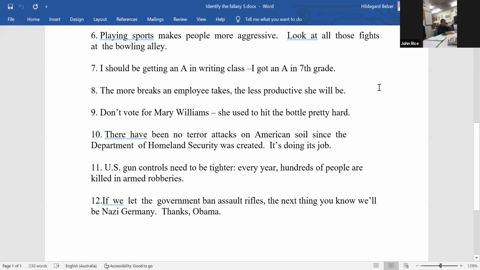We don't have to start with number 7. Any of them? Anyone that you feel you can see a problem with it, a kind of logical issue, and try to describe it, or give it a name, or make up a name.